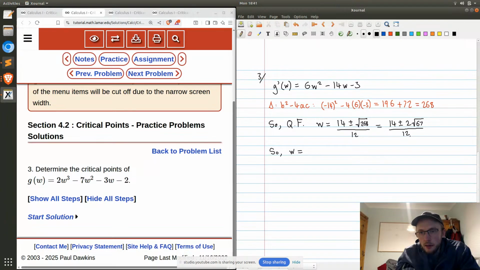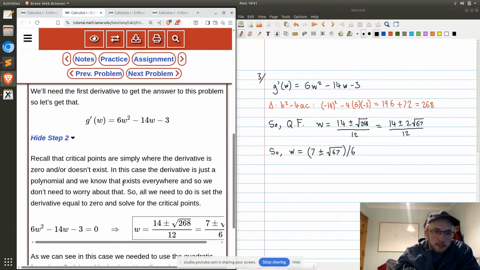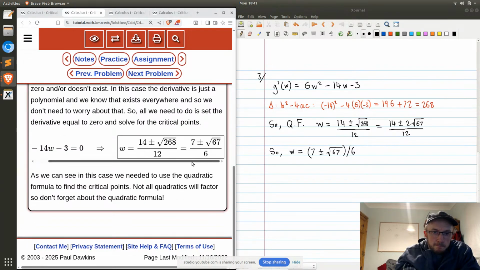So we get 7, 7 and 6 there. So I believe those are the roots. Now we'll see. All right, excellent. That's correct.